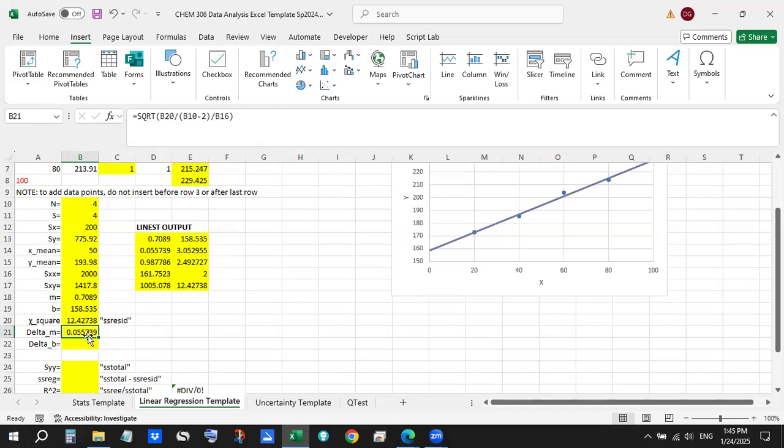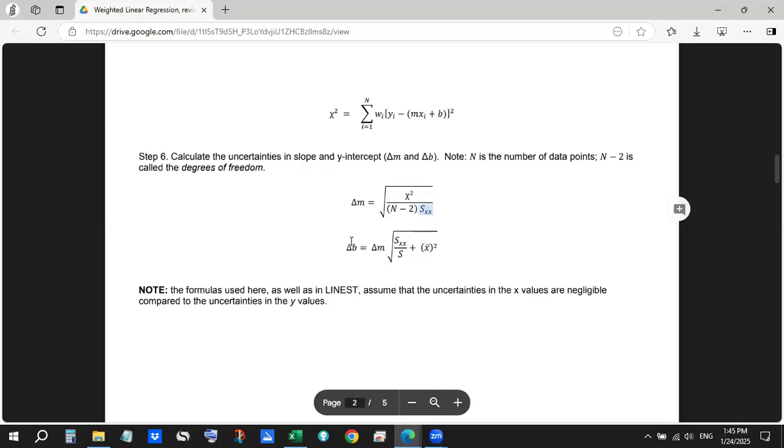Okay, and then delta b, uncertainty in b, the formula for that is this one right here. It's delta m, uncertainty in slope, times the square root of Sxx over S plus x mean squared. Okay, so let's go ahead and do that. It's equal to the uncertainty in the slope times the square root of something.